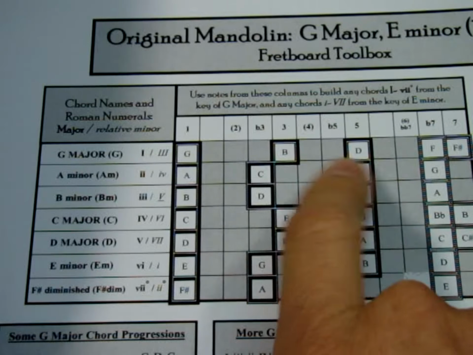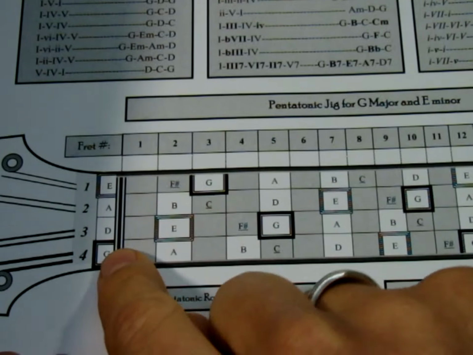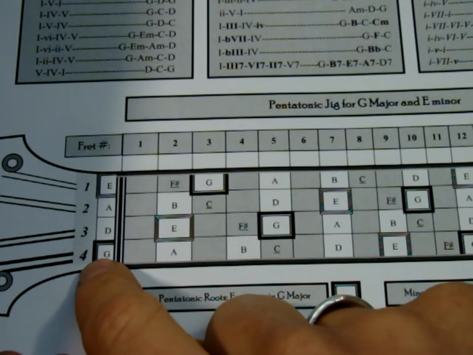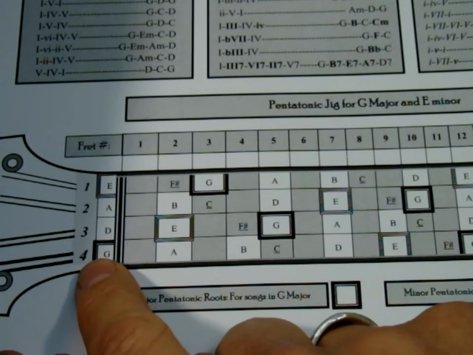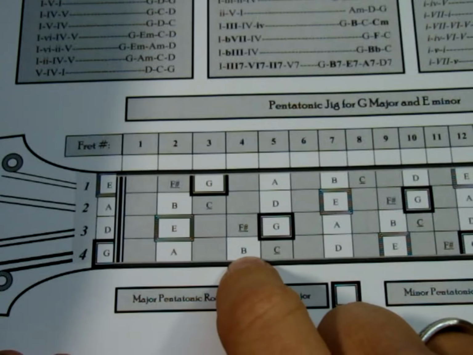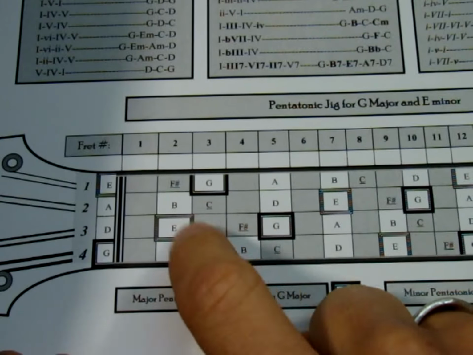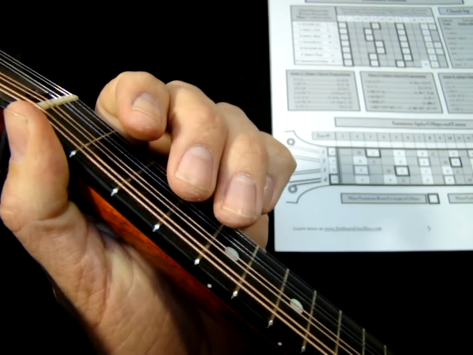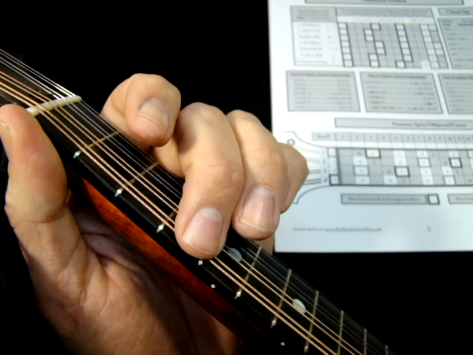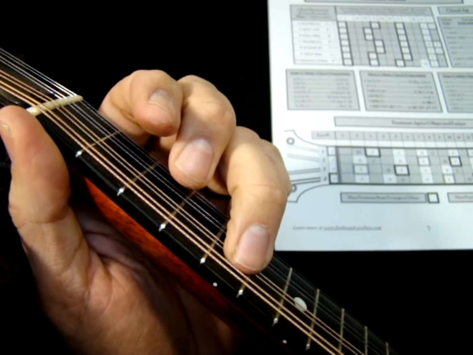So if we want to play through those notes, and we look down at the pentatonic jig, we can play G, B, D, G. So open on the fourth string is G, fourth fret is the B, third string open is D, and the fifth fret of the third string is G. So that's fourth string G, B, third string D, G.